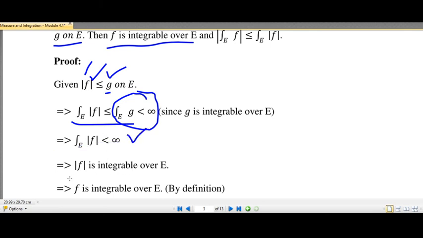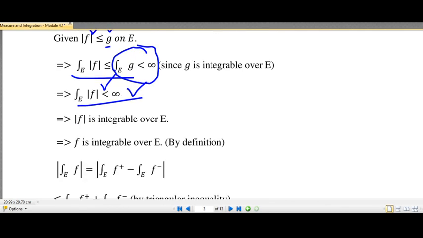Because modulus of f is a non-negative function, and the integral of modulus of f is finite, therefore modulus of f is integrable over E. Then by the definition of a non-negative function which is integrable, modulus of f is an integrable function.